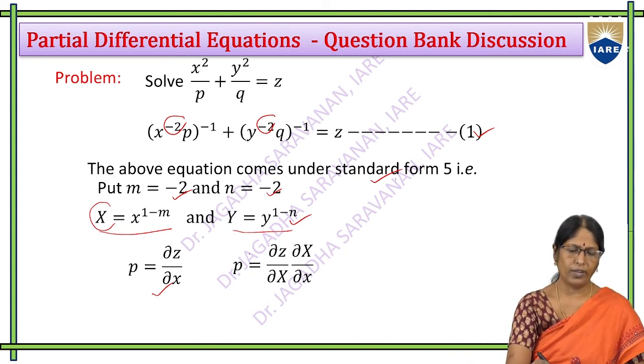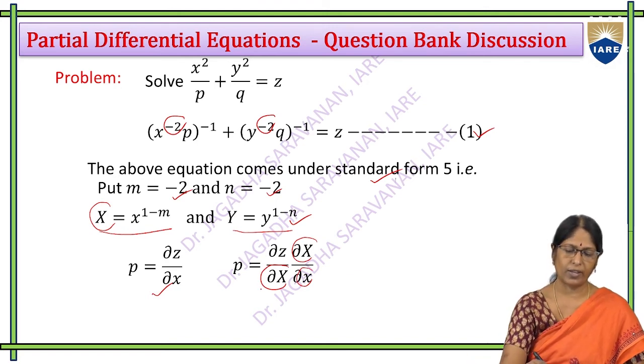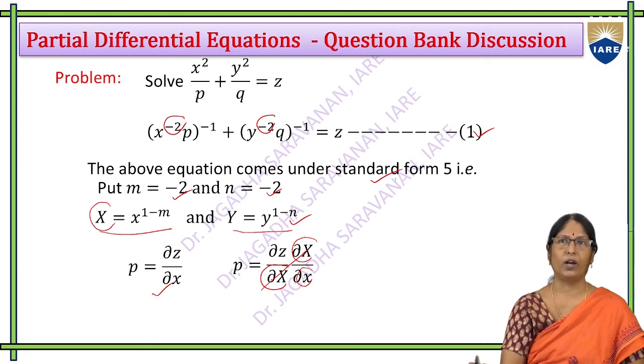So we can see here dou z by dou x, dou z by dou capital X, dou capital X by dou x. Our insertion, what we have done, is correct. One is up, one is down. We can cross check it.